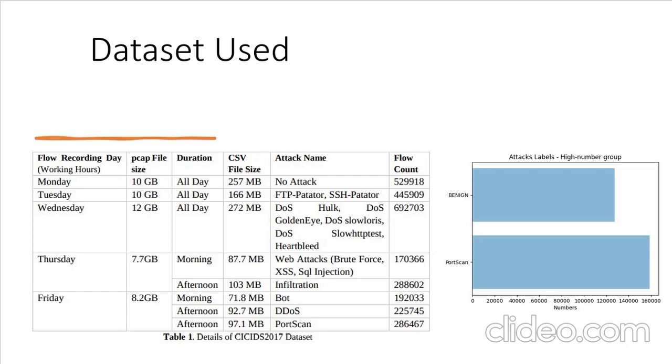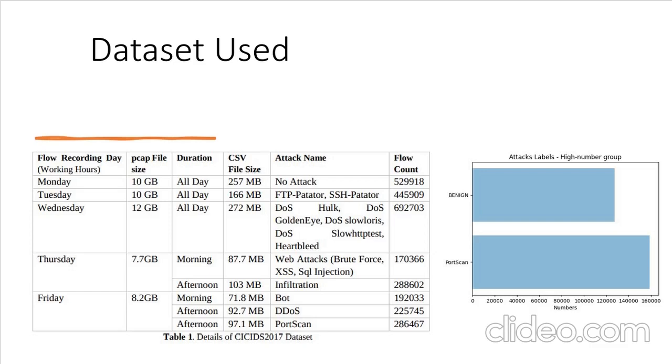For instance, the graph illustrates the abundance of data for port scan attack, consisting of approximately 1 lakh 60,000 malicious packets and 1 lakh 20,000 benign packets. So we'll use this CIC IDS 2017 dataset to train our model.